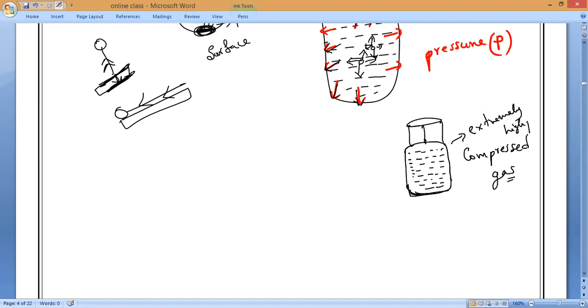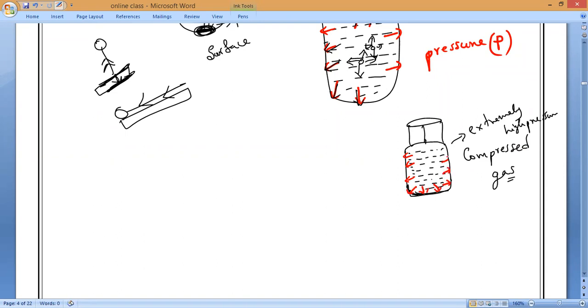That is why when the gas comes out, it comes very, very forcefully, because all the compressed gas particles always exert pressure on the walls of the container.